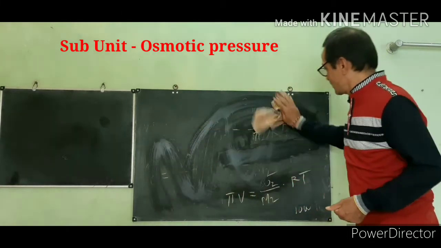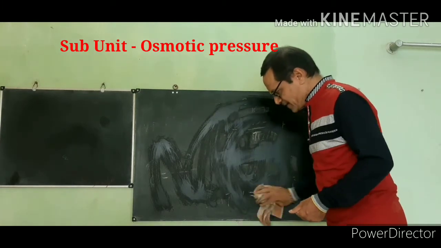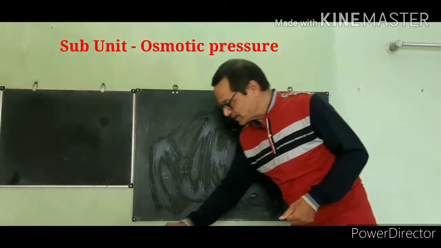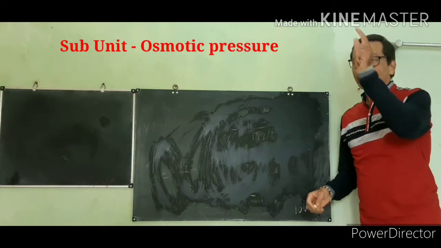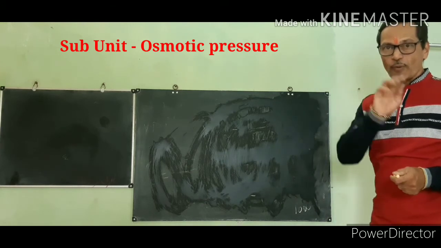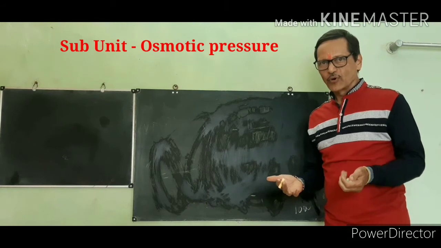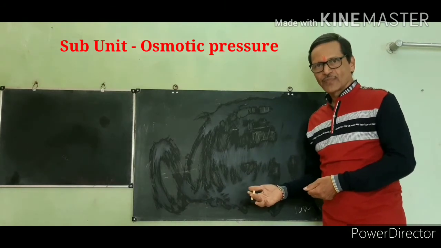Here we have seen the fourth colligative property and its use to determine molecular weight. All these four properties are useful to determine the molecular weight of a non-volatile solute.